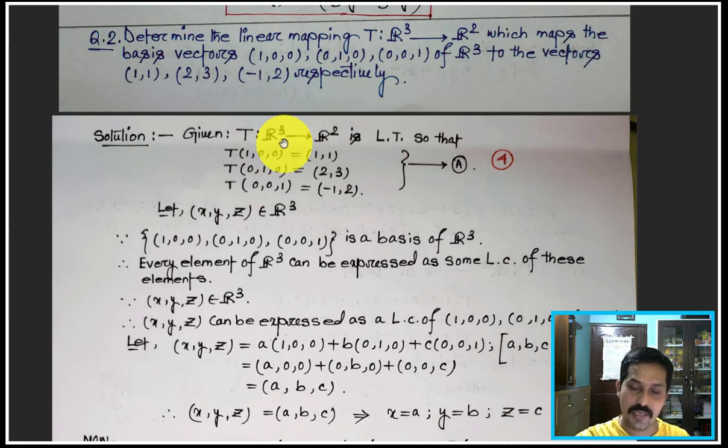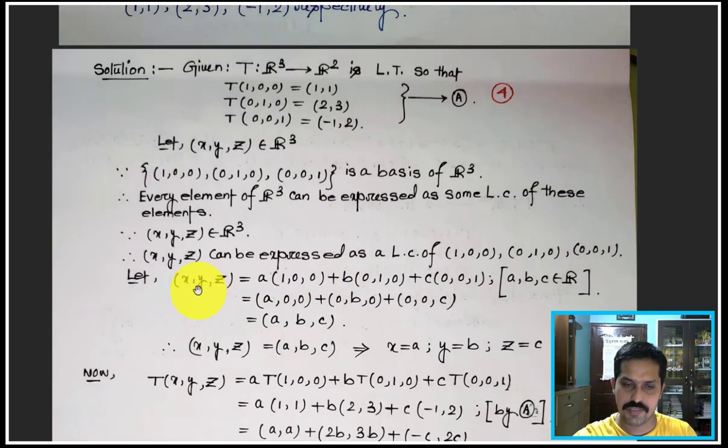In other words, each and every element of R3 can be expressed as a linear combination of these three elements. Again, (x, y, z) belongs to R3, so definitely it can be expressed as a linear combination of (1,0,0), (0,1,0), (0,0,1).